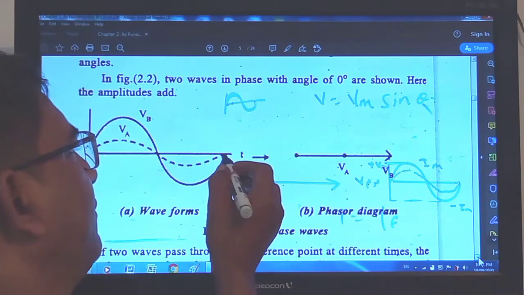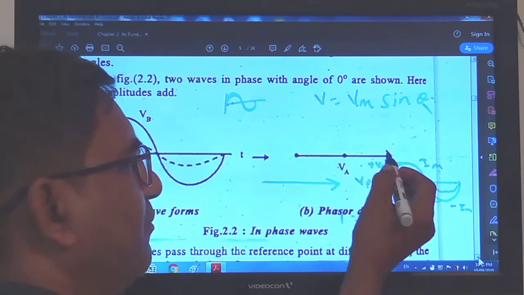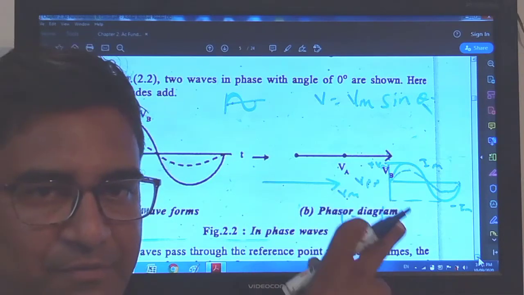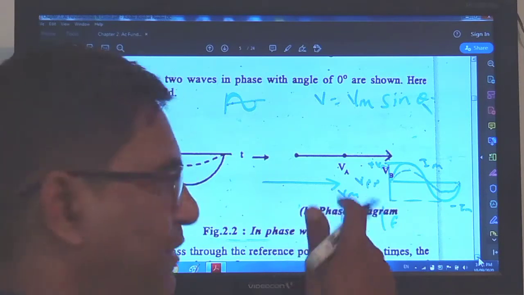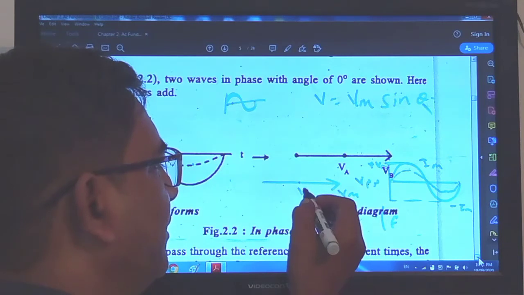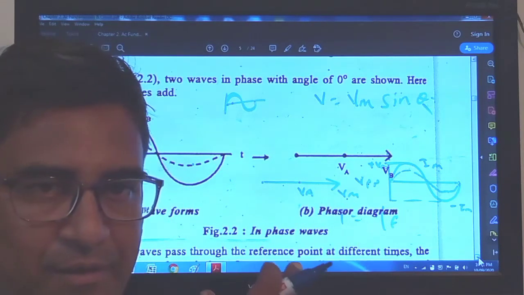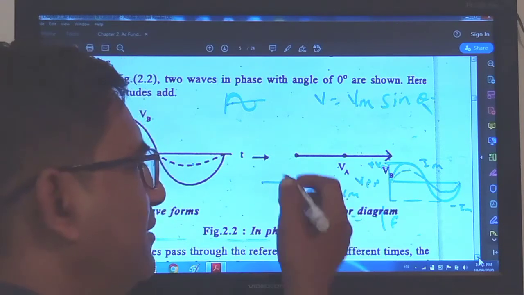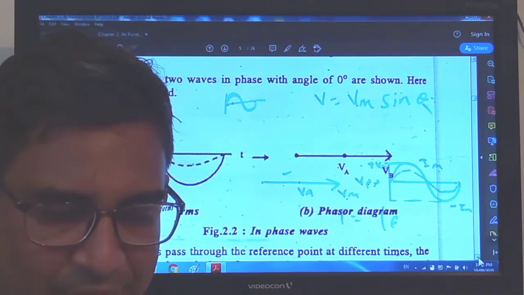The first cycle we have considered is VB, this is the VB value. The other cycle passing through 0, 180 and 360 degrees is the second one, indicated with VA. So you may say that the angle is in phase. This is called a phasor diagram in electrical engineering.